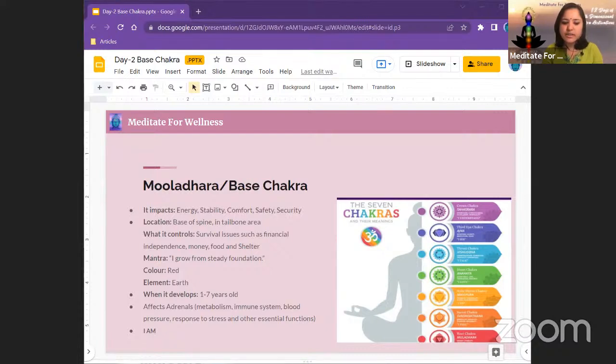Usually the blocks in this area start to develop at the very beginning of our growth, during 1 to 7 years of development, when this chakra is about safety. When the kid is not feeling safe in the environment, he may develop a block in this chakra. When this chakra is blocked, it affects our metabolism, the adrenals, immune system, blood pressure, and response to stress.